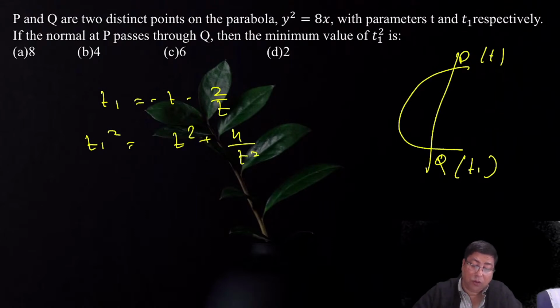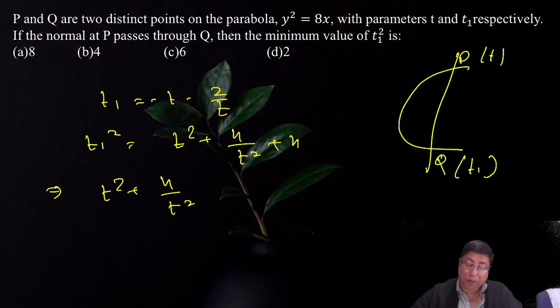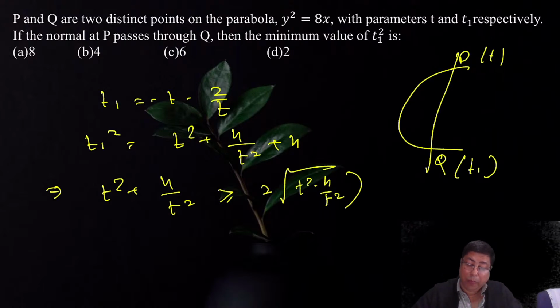Now t² plus 4/t². If we apply AM greater than or equal to GM, t² into 4/t² comes to be 4.